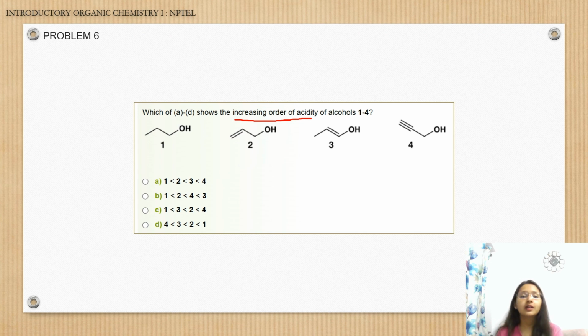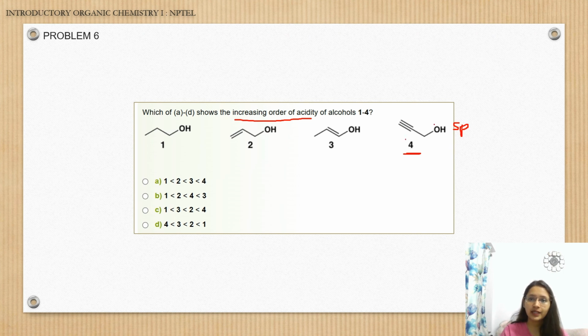Why? Because as you increase the s character in a bond, the electronegativity increases. The s character in sp is higher than in sp2, which in turn is higher than in sp3. So if compound 4 has an sp hybridized carbon near it, it will behave as more electronegative.